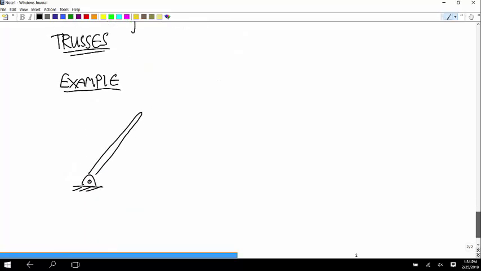Okay, so let's do a simple truss problem, where this is an equilateral triangle.